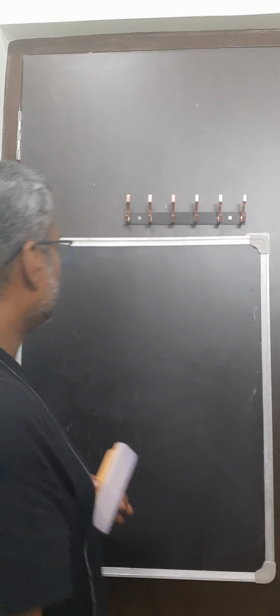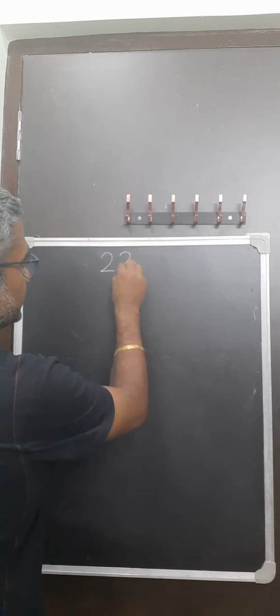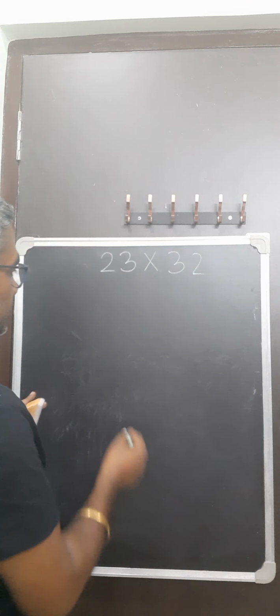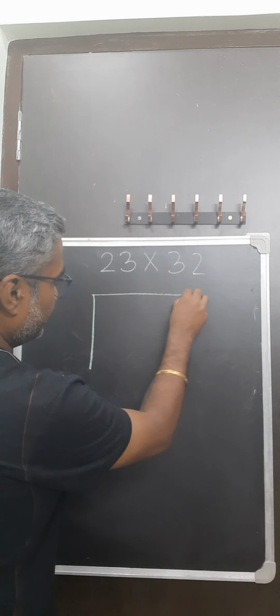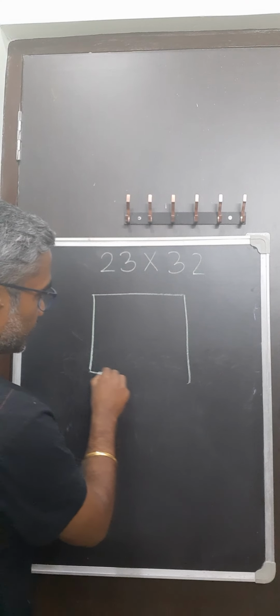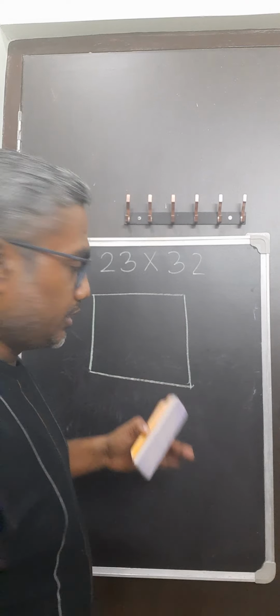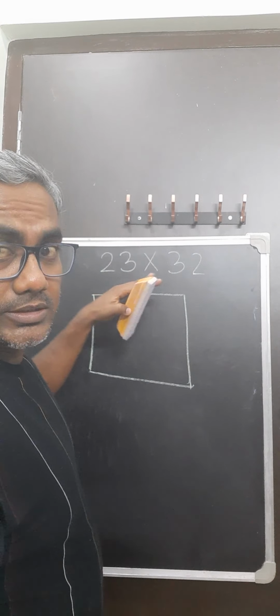Okay. Let's say we have to multiply the two-digit numbers 23 cross 32. In the conventional method you know how to do it, but if I take the example with the help of a matrix, I will draw a square or rectangle as per the requirement of the number of digits in the numbers.